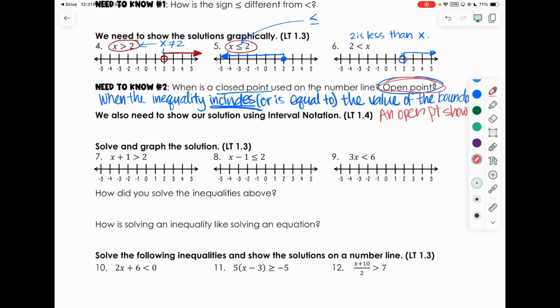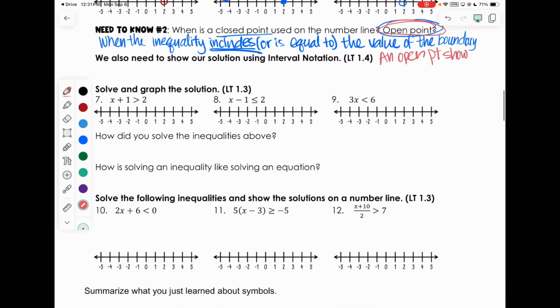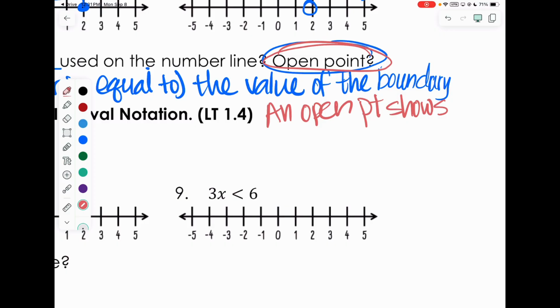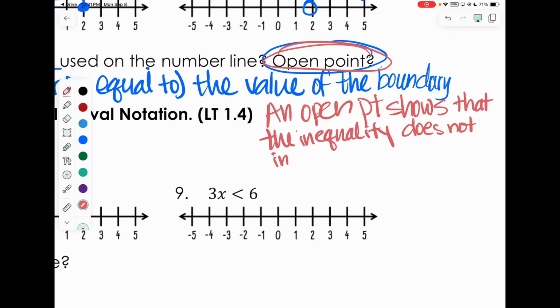An open point shows, when the inequality cannot equal the value of the boundary. The inequality does not include. So I often say exclude, so I'm putting it in here, okay? Does not include means same thing as exclude the value of the boundary.